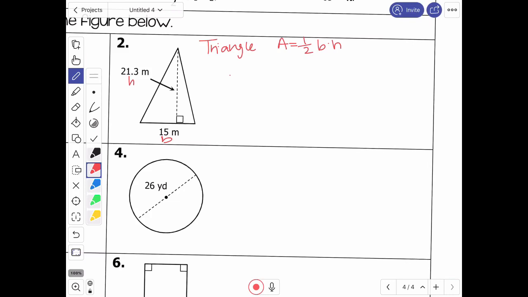So all I'm going to do is say area equals 1/2 times 15 times 21.3. Plug that into my calculator. If you want, in your calculator, you just have to put parentheses around all these numbers, and it'll do it for you. So area equals 159.75 meters squared.